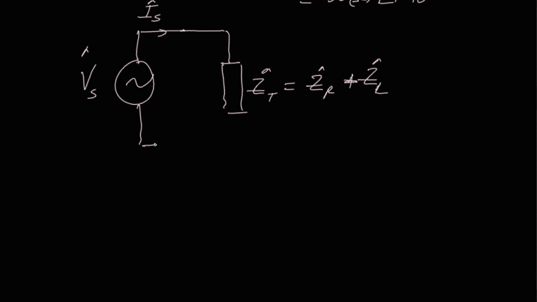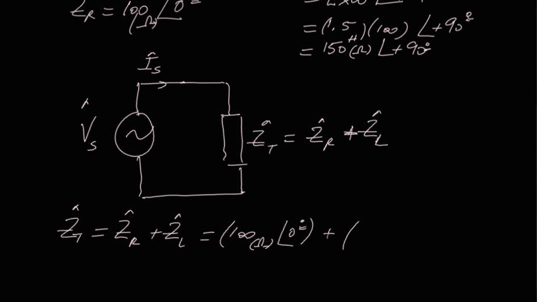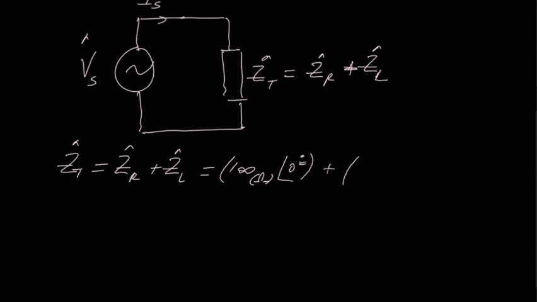Now let's find out numerically what ZT is. ZR is 100 ohms with an angle of 0 degrees, plus ZL was 150 with an angle of 90.